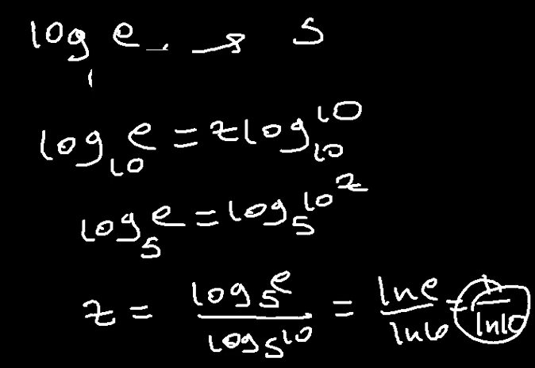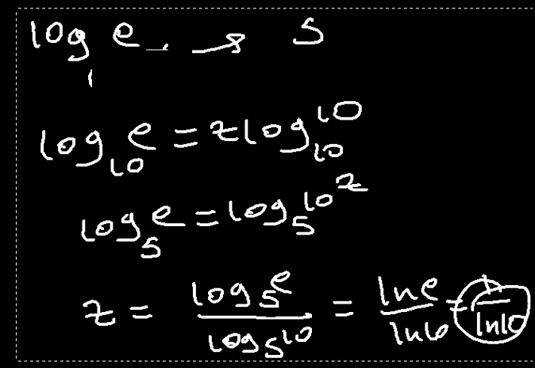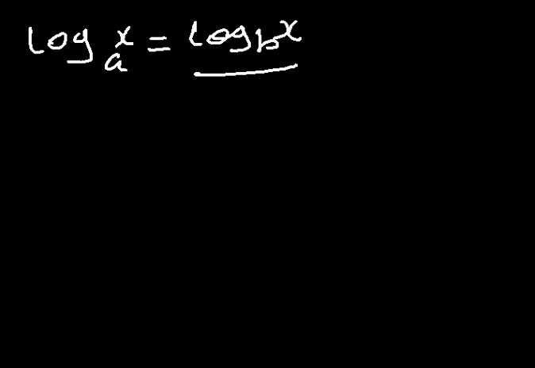So what is the general rule? If we have log a of x, to whichever base, let's say base b, we have log b of x divided by log b of a.